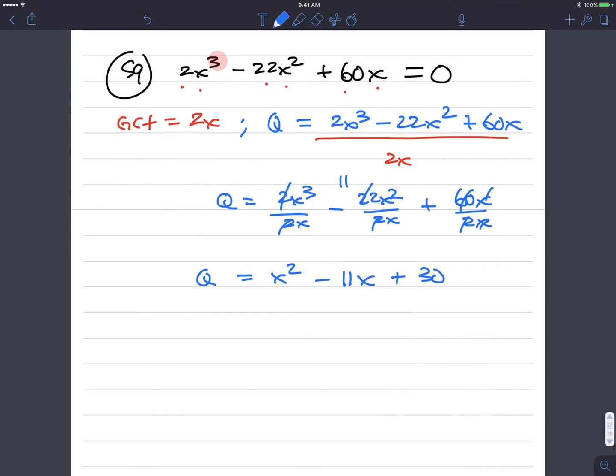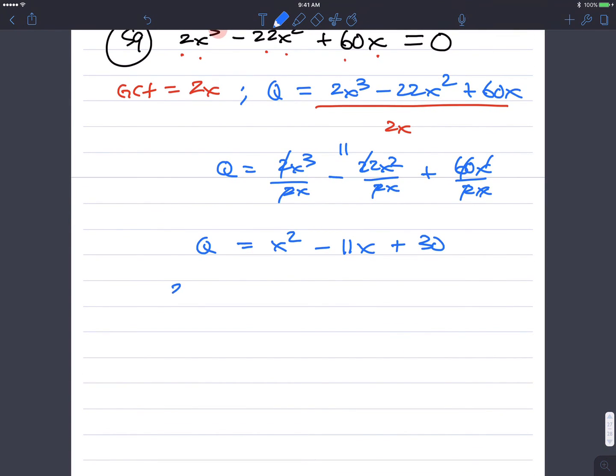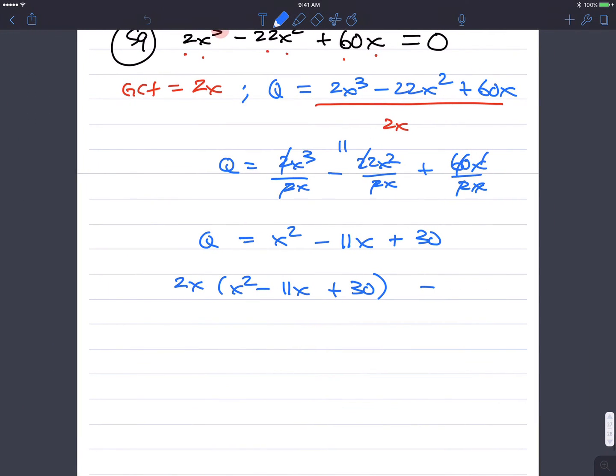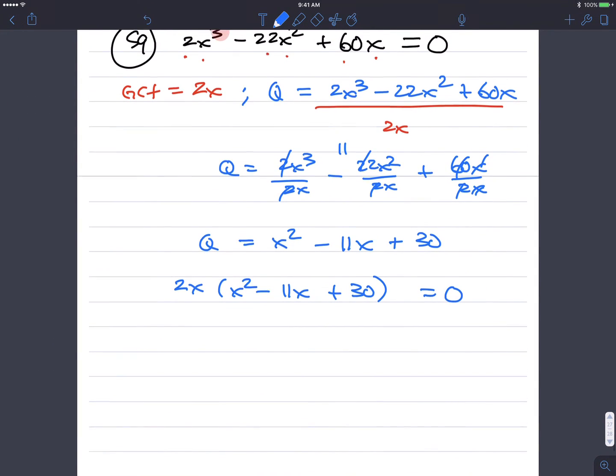Here's my quotient. So 2x times x squared minus 11x plus 30 equals 0.